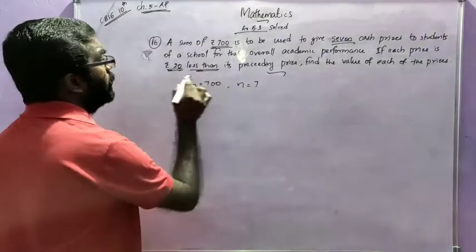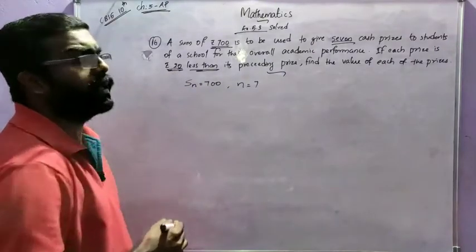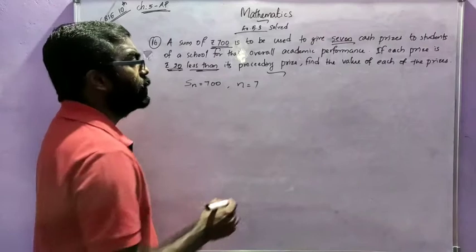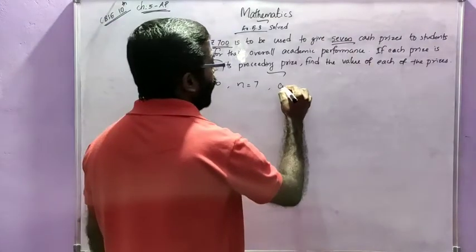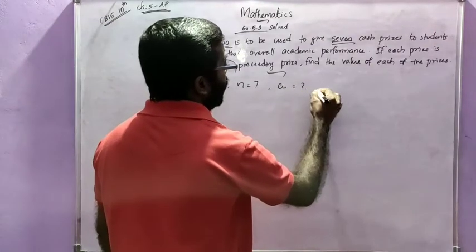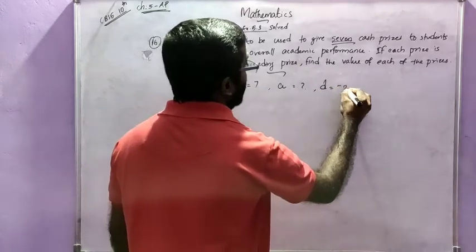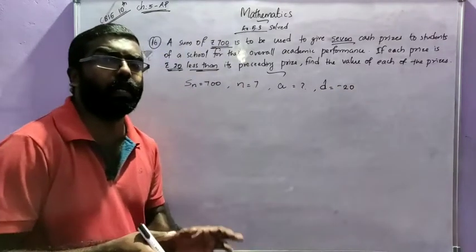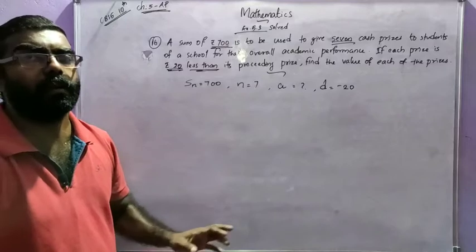And each prize is 20 less than its preceding prize. So if the first prize is a, then d will be minus 20, that is 20 less than a.